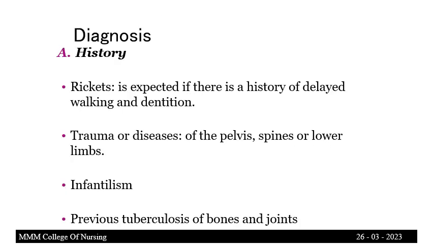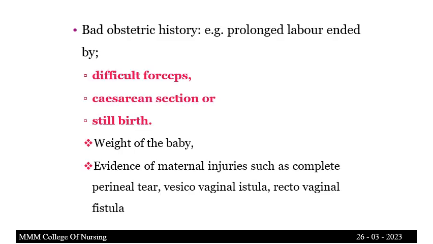So how to diagnose this contracted pelvis or cephalopelvic disproportion? First is history collection. You have to ask the mother whether she has any delayed walking and dentition. Then if present, you have to suspect rickets or trauma or disease of the pelvis, spine and lower limbs, infantilism and previous tuberculosis of bones and joints.